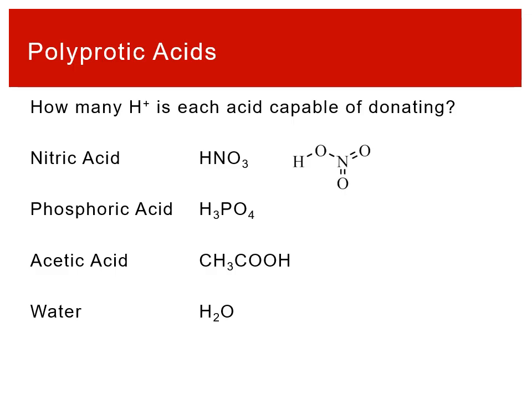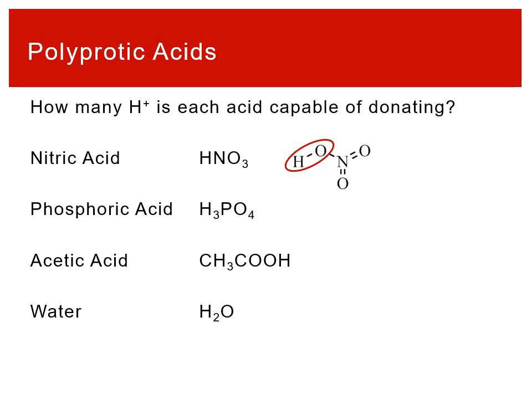We could also just look at the formula, because there's only a single H in the formula, so that is going to be just one. We call that a monoprotic acid. Everything we've been dealing with so far for the most part has been monoprotic. So there's a single H on an HNO3 molecule, and that can come off.